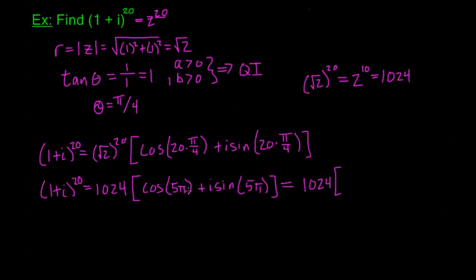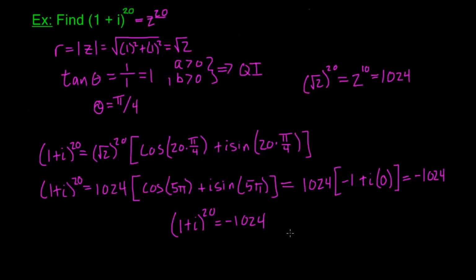Now cosine of 5 pi, that's coterminal with cosine of pi, so this is going to be negative 1 plus i times sine of 5 pi, and sine of 5 pi is 0. So our final answer in a plus bi form is just negative 1024. We can rewrite it here: 1 plus i to the power 20 is negative 1024.